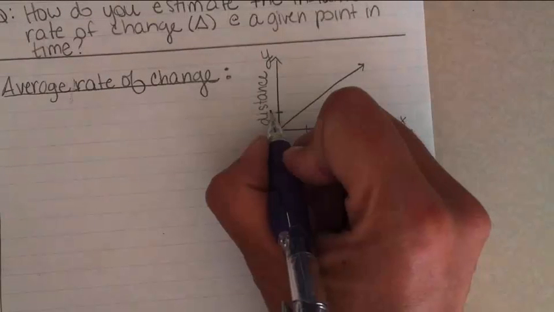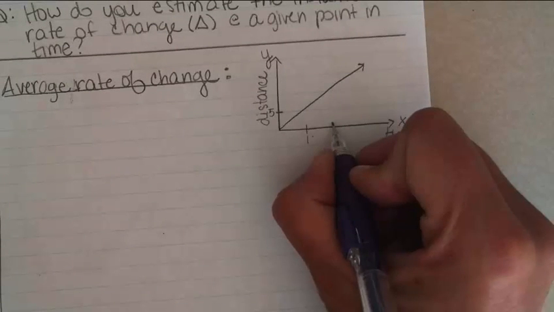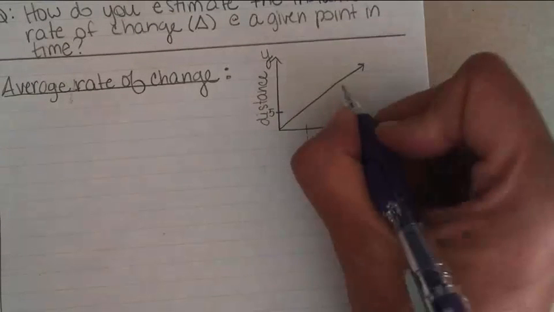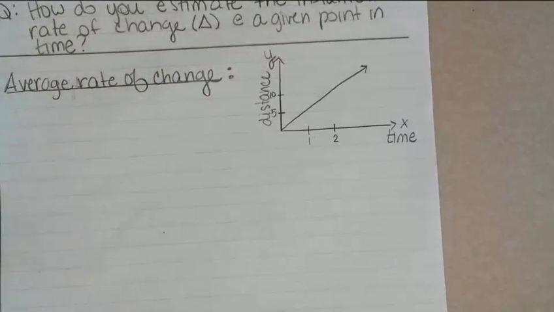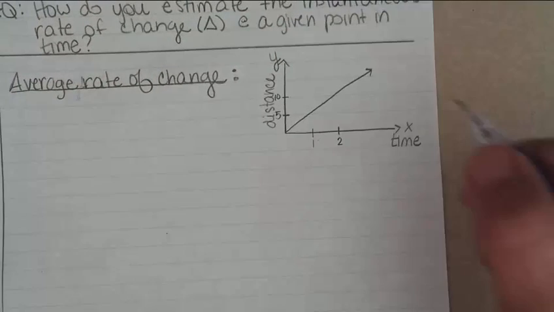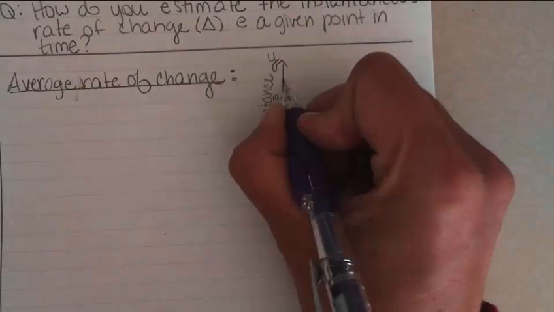Let's call it 5 miles. 2 hours go by and now I've gone 10 miles, and so on. 3 hours go by, I've gone 15 miles.